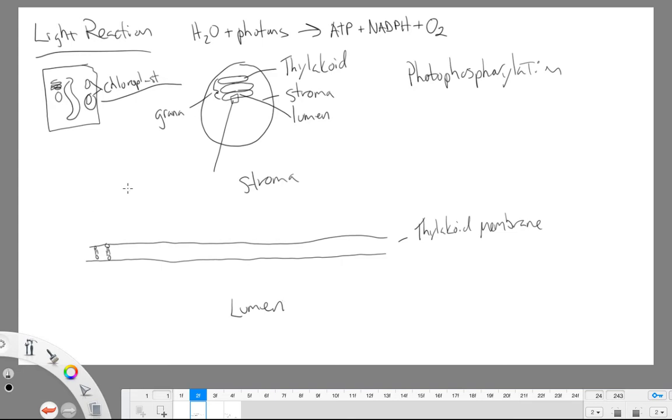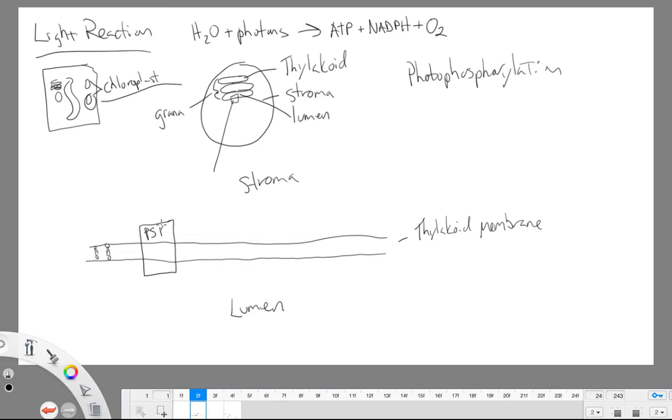All right. Now, embedded within the thylakoid membrane are things called photosystems. And these photosystems are complex systems that consist of different molecules and proteins, and they work in this light reaction. We have photosystem 2 that's actually first in this chain that we're going to see.